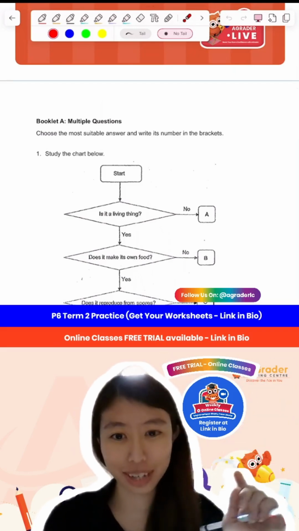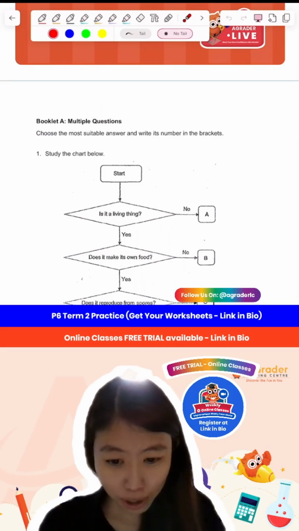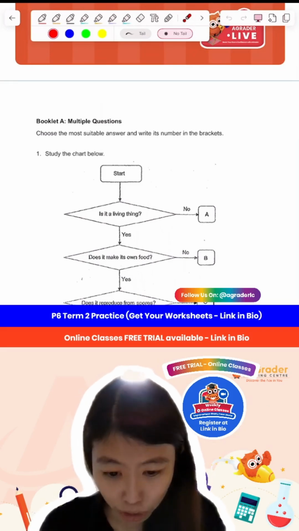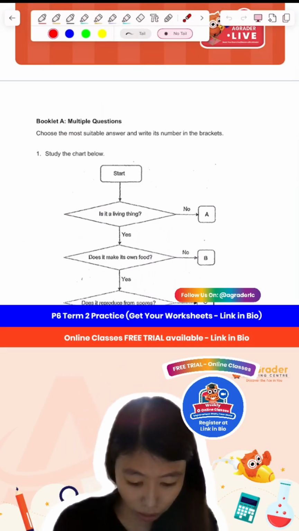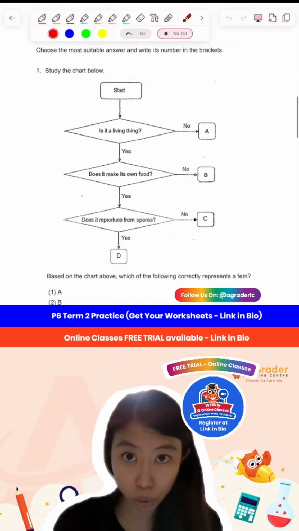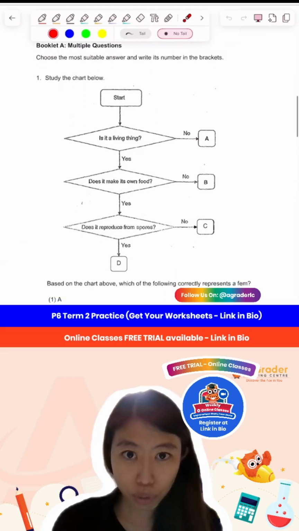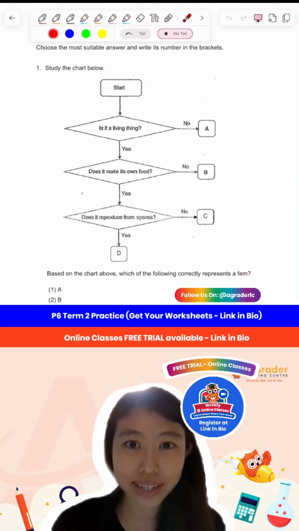So let's look at question one. I only can show you half of it first because the top part has all the banners which will block the questions. Question one says, study the chart below. Based on the chart above, which of the following correctly represents a fern?